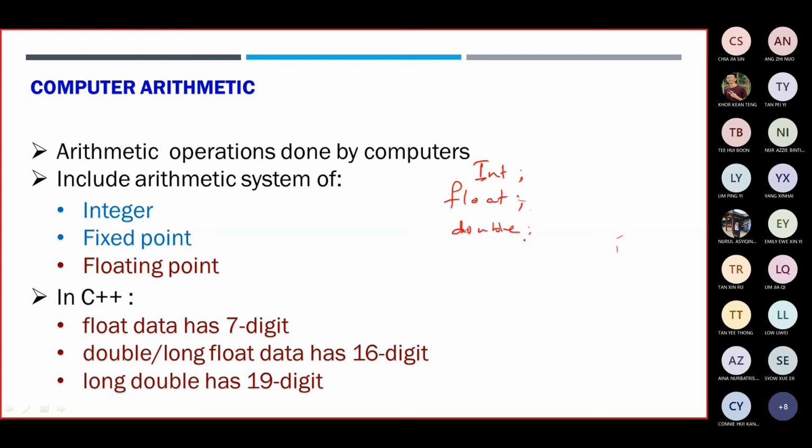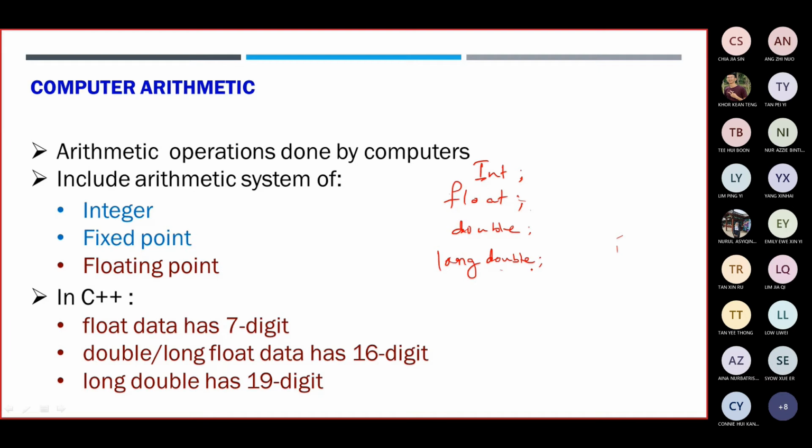Be familiar with these, because you're going to do them later in C programming, in structured programming. Also long double. All of this you need to learn in the structured programming of C++.